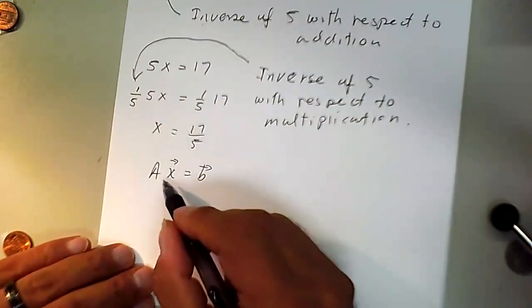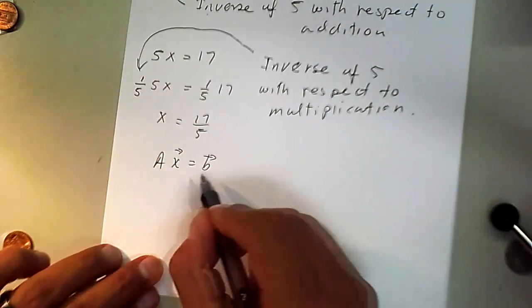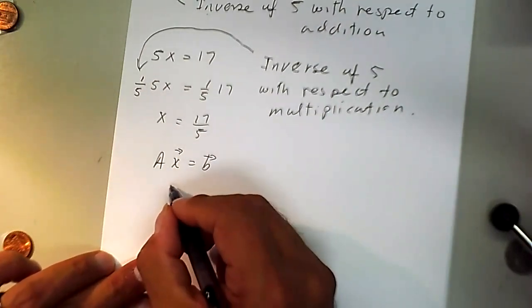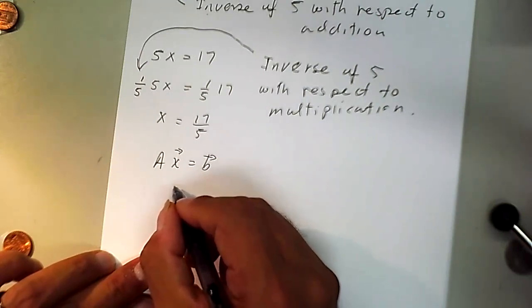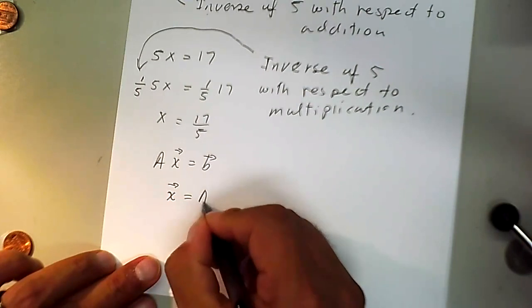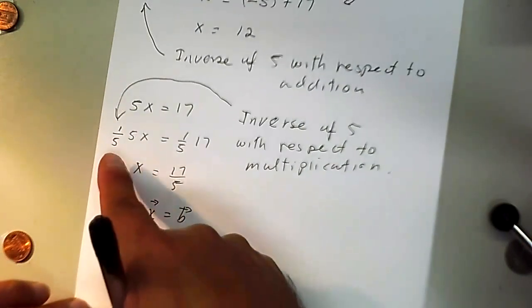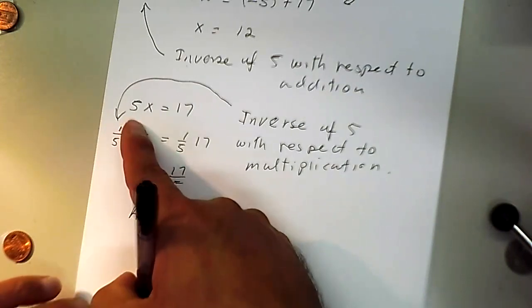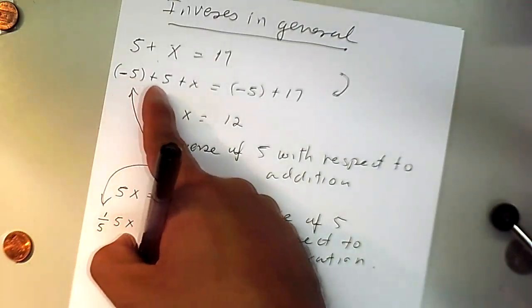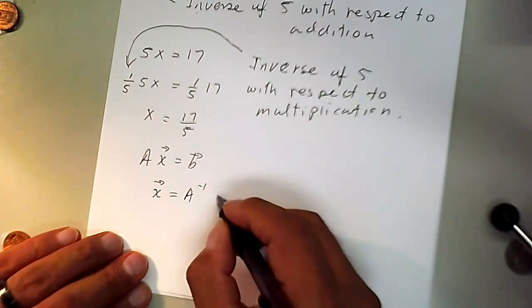But in this case, we need to multiply by a second matrix that is going to allow us to solve for this. And the second matrix is going to be the inverse. So x is going to be this new matrix, which is not the same as that one, just like 1/5 is not the same as 5, or -5 is not the same as 5. They're different.